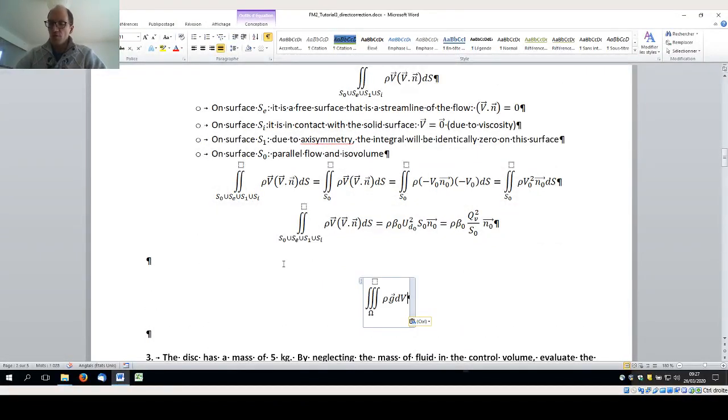After what we can write this. This second term is pretty simple. This is just the weight of water. This is rho G omega, and this is pointing downward. Okay, the second term.